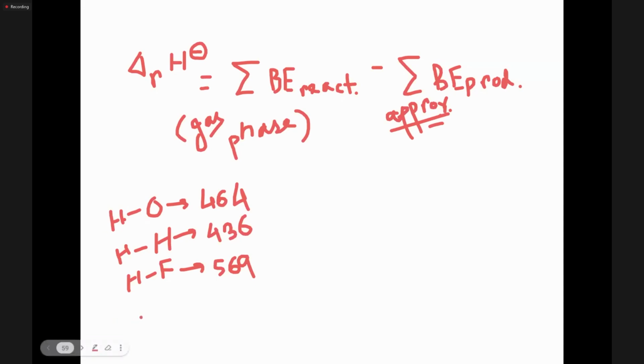Why in case of HF is the value quite high, but in case of F-F the value is very low? The value in case of F-F is 155. So there is a striking anomaly between these two. The H-F mean bond enthalpy is very much higher than the F-F value of 155. Why is it so?